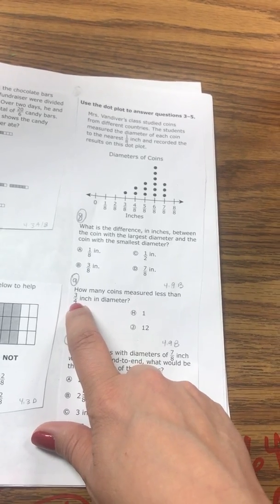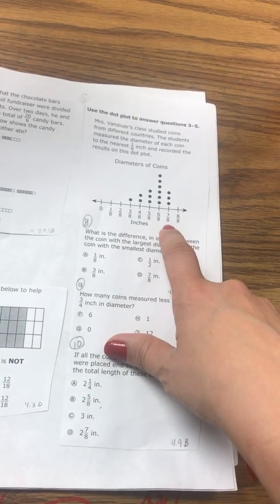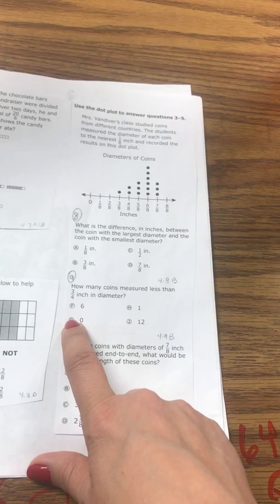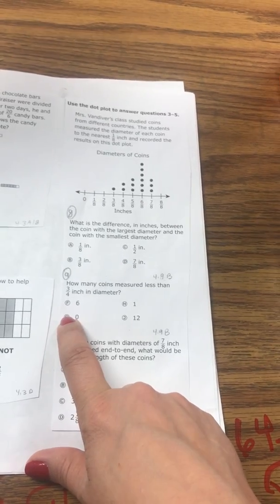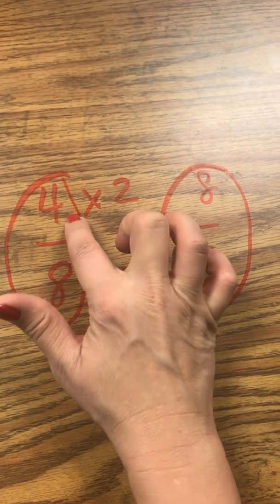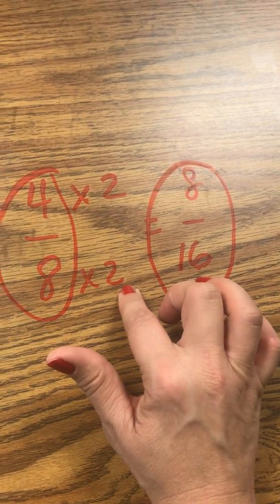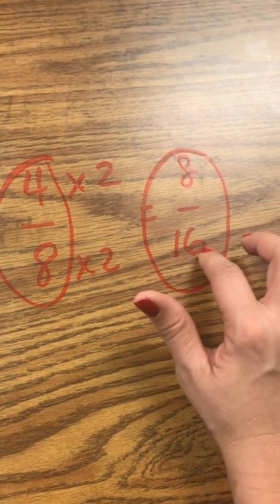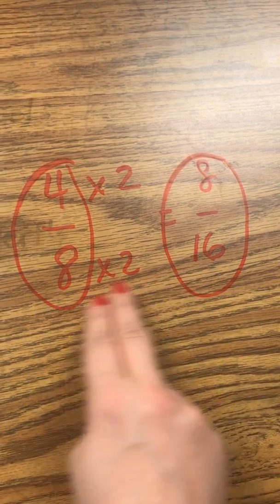So first you're going to have to figure out what that fraction would be. We can make equivalent fractions again by using pictures, dividing, or multiplying. Earlier I showed you how you could use multiplication. When we took 4/8 and multiplied each the numerator and denominator by 2, we got 8/16, and then we determined that these two are equivalent to each other.